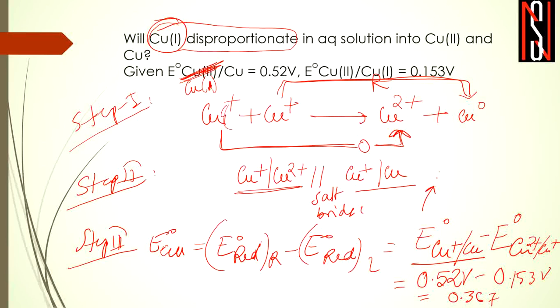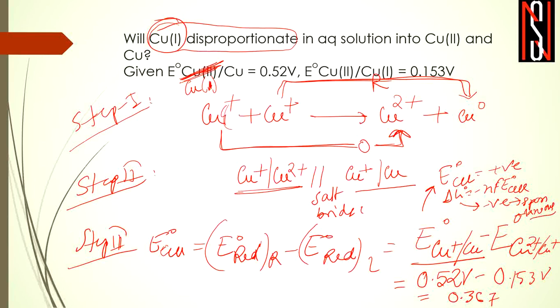So actually we are getting that E0 cell is positive. So E0 cell positive means del G0 equals minus nF E0 cell. We do not have to calculate the del G0 value. We just have to write that as E0 cell is positive, therefore del G0 would be negative, and hence the process would be spontaneous.